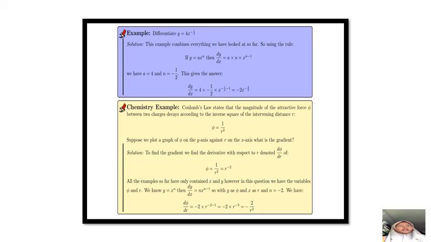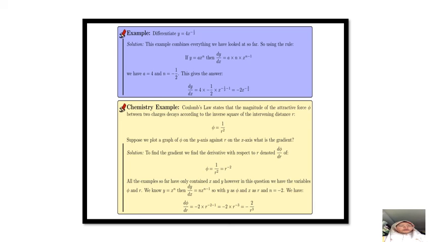The solution here is to find the gradient. We find the derivative with respect to r, denoted dF over dr. If we look at the equation, F equal to 1 over r power of 2, we can simplify it as r power of negative 2. All the examples so far have only contained x and y. However, in this question we have the variables F and r.